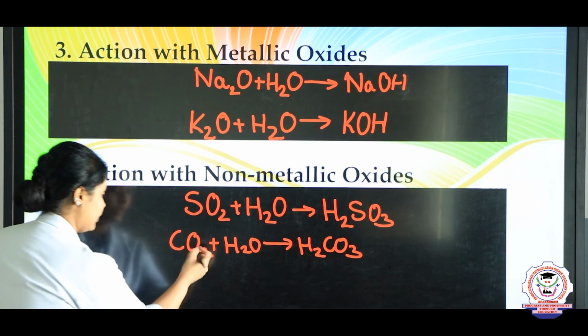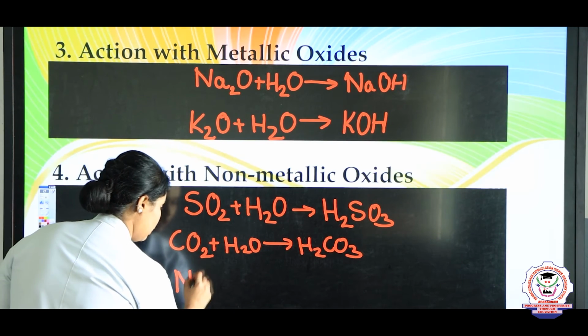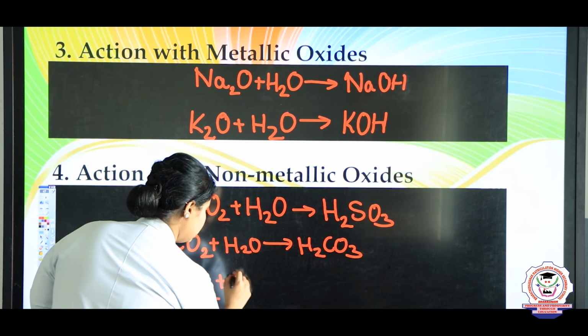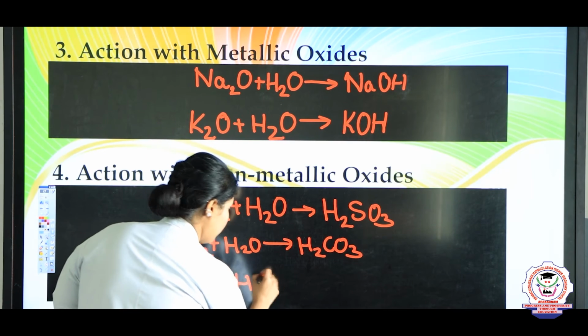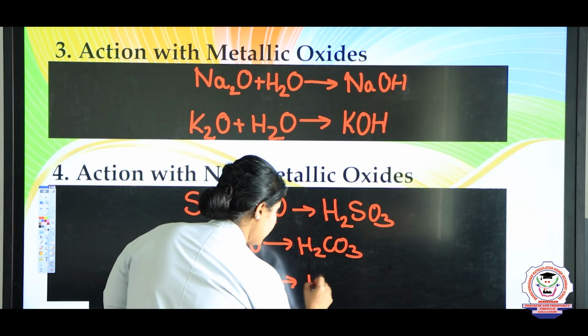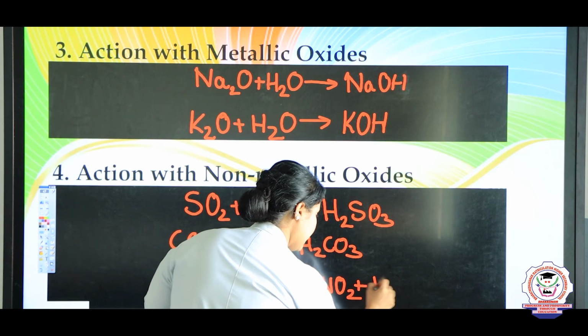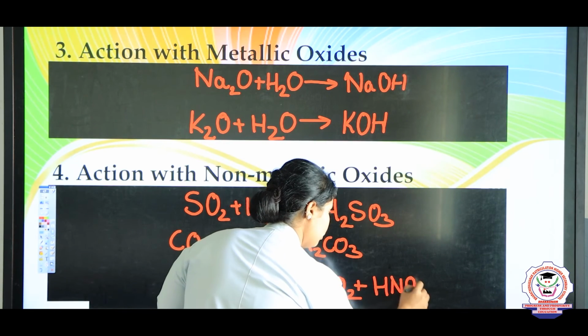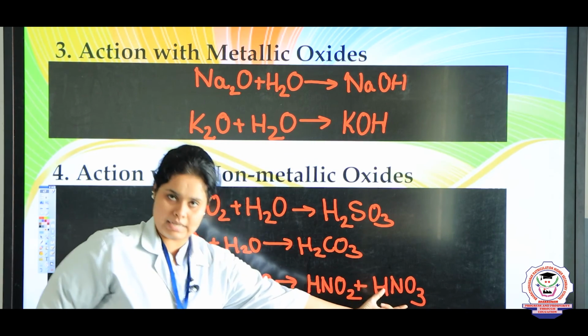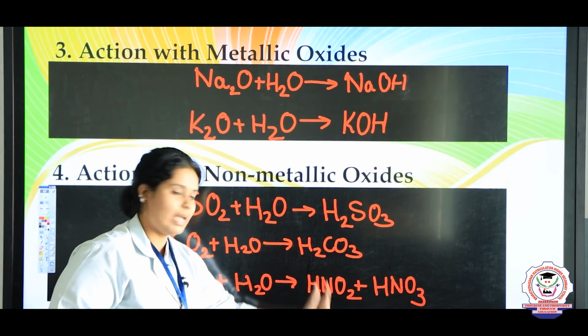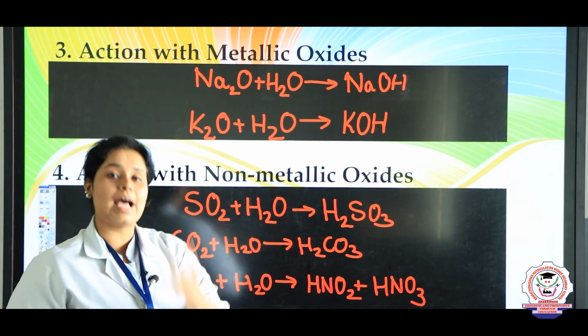Last, we are taking nitrogen oxide, NO2 plus H2O. It will give HNO2 plus HNO3. So, this is nitric acid and HNO2 is nitrous acid.